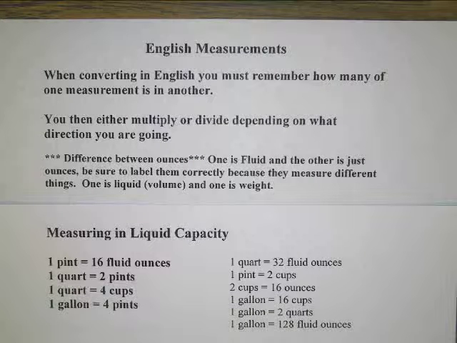All right, so measuring in liquid capacity. The left-hand side is the ones you need to know. And then I did another list on the right-hand side that shows what other things equal. The ones you definitely need to write down are in bold on the left-hand side. First of all, we need to know that 16 fluid ounces, because we're doing volume, and that's liquid, as Caitlin told us, equals 1 pint.